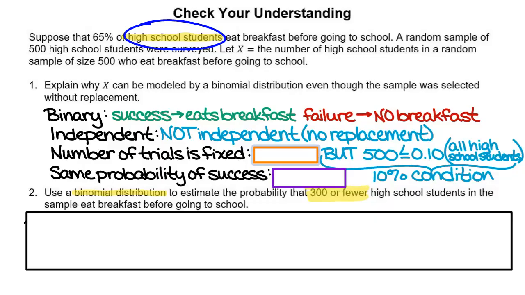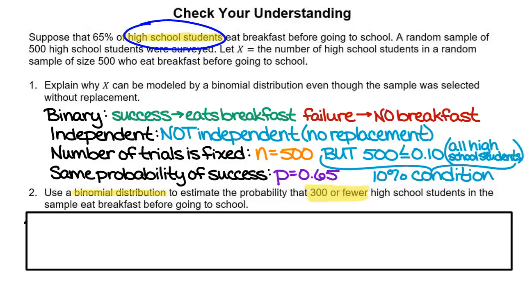What is our number of trials? 500. Number of trials, n is 500. Same probability of success each time. Yes. How much? 65%, yes.